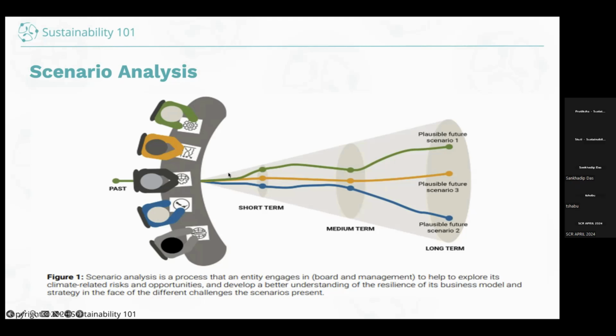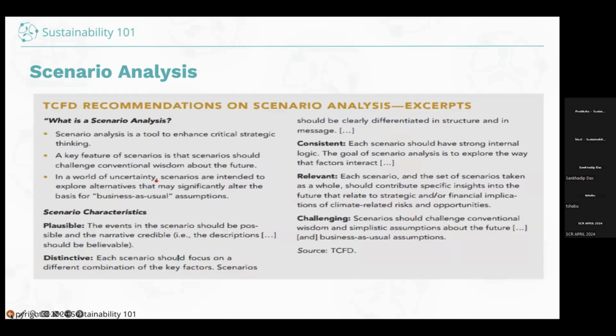Hi, just one thing. In the previous slides, I believe you mentioned 6 characteristics, like plausible and many other factors, right? The plausible, distinctive, consistent, relevant, challenging. Is it like for the long term, medium, and the present scenario?